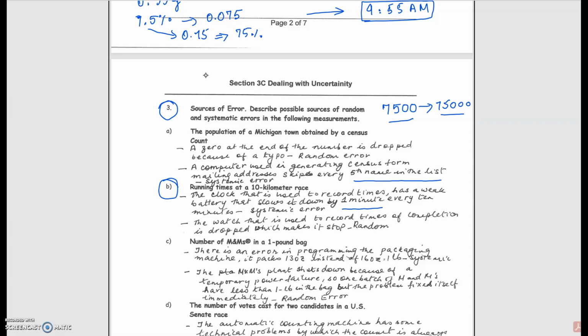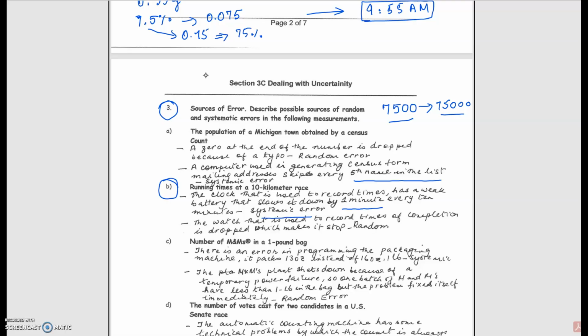So every 10 minutes that someone runs, it shows just 9 minutes. So that's a huge error in collection of data. And that's not because something is wrong with the person operating it and he's not making random mistakes, but the system that he's using to measure time itself is defective. So every single time there will be an error consistently, and that is called a systemic error.